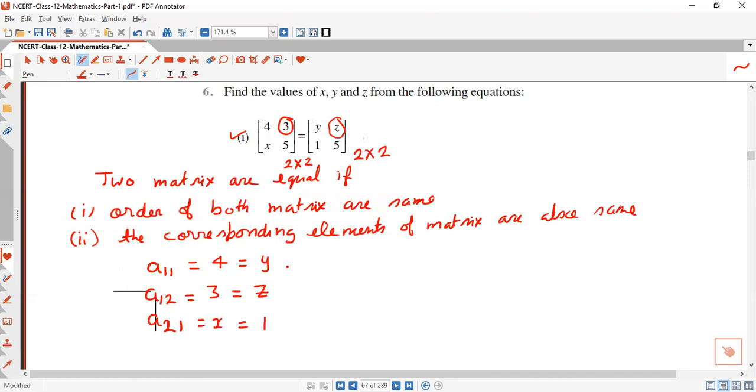I am interested in finding the value of x, y, z. So x y z will be equal to 1, 4, 3, not 3, 4, because y comes first. This is the answer.